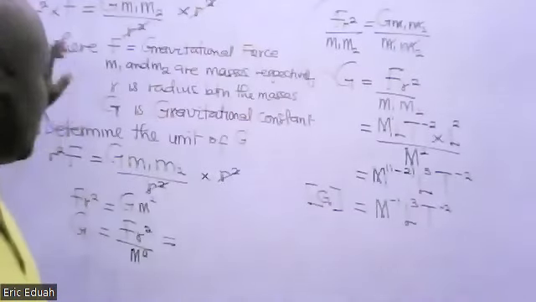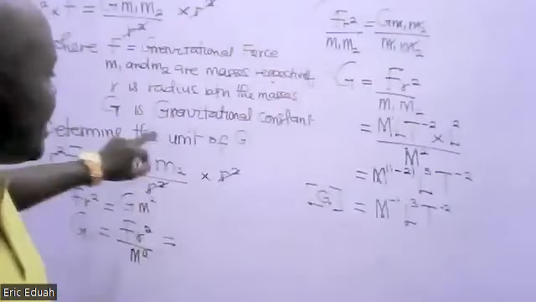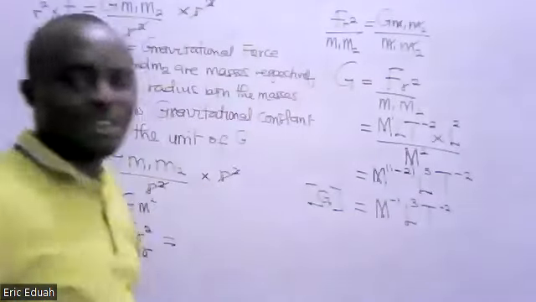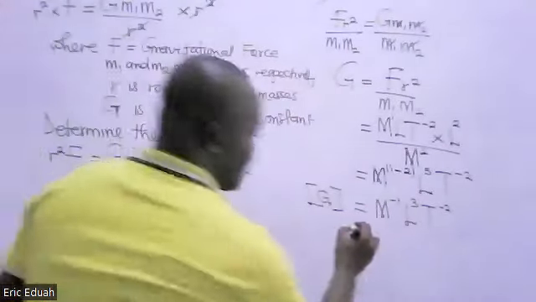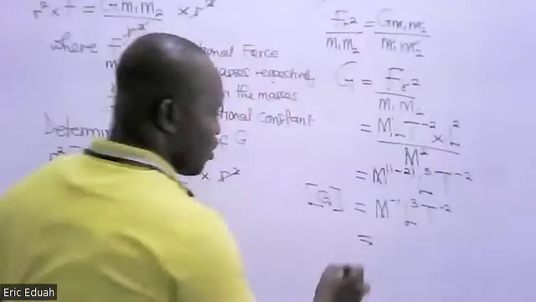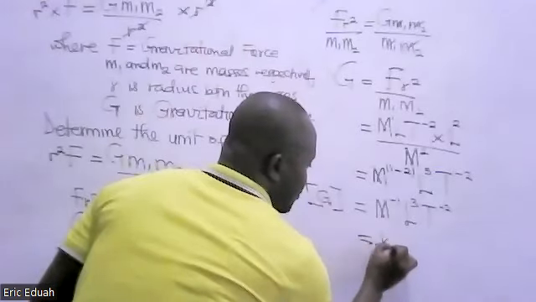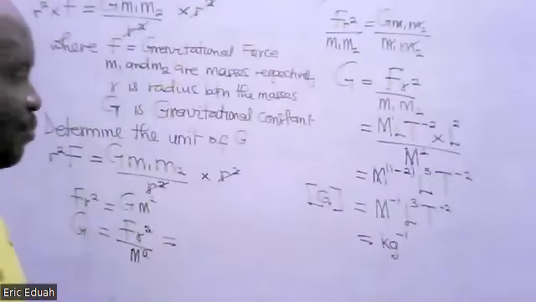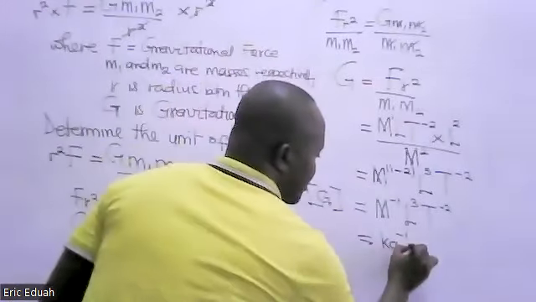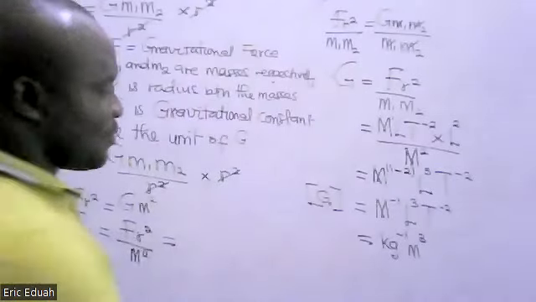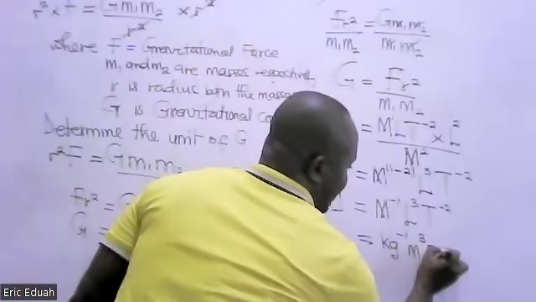So let's come to the unit. This actually is the dimension. What about the unit? This is mass, so per kilogram, this is length, meter cube per second squared.